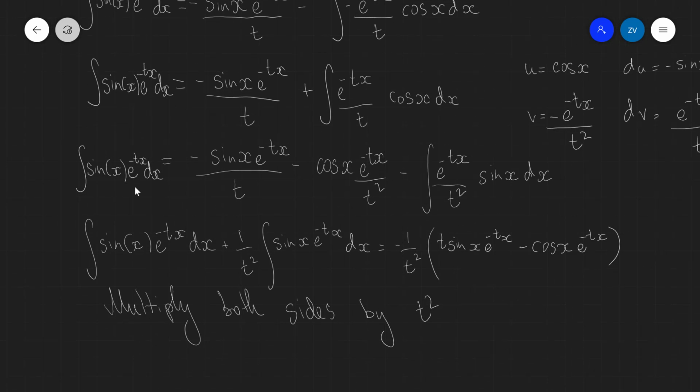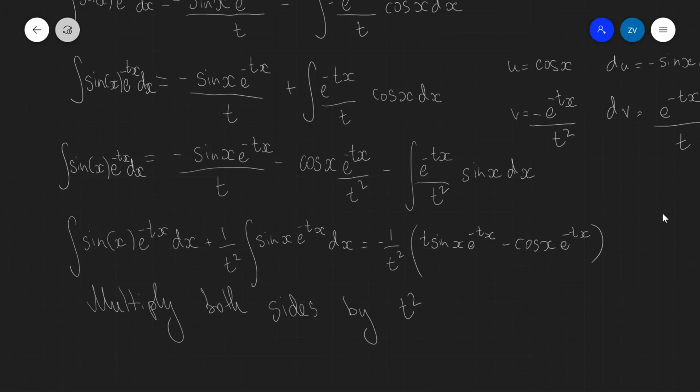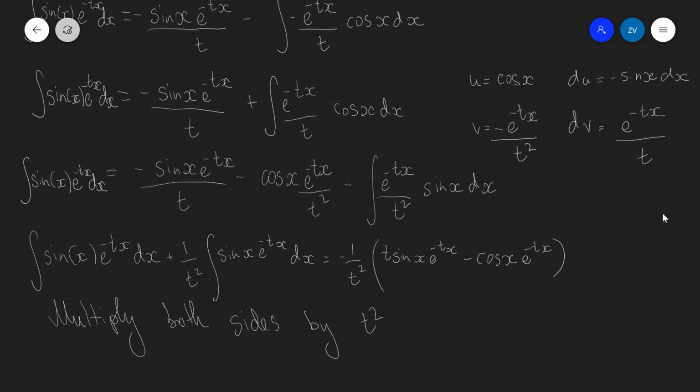So all I've done here is just copied this line out, and now I get a factor of u times v. Now u is cos of x, v is e to the minus tx divided by t squared. Therefore, this factor here is uv, so minus cos of x e to the minus tx divided by t squared.